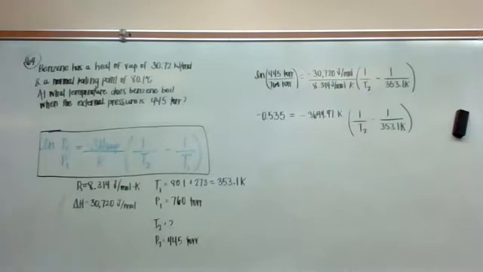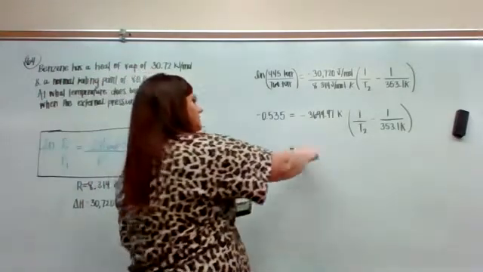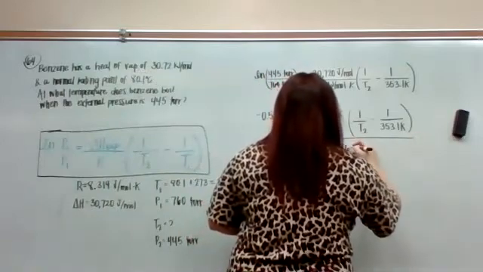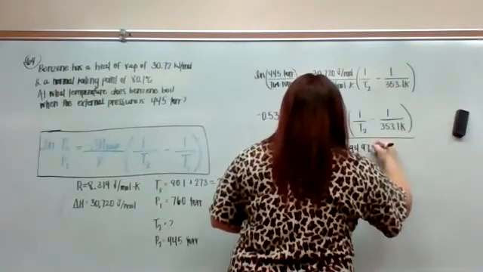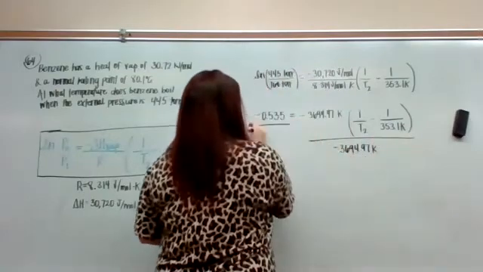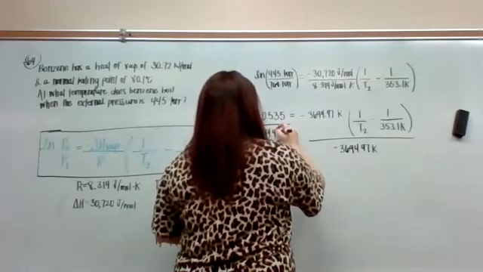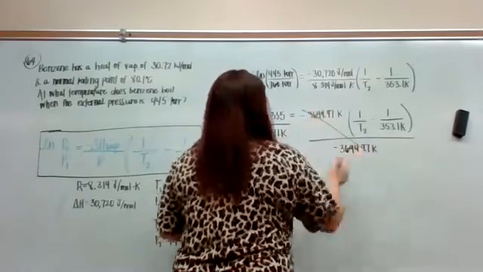Right, there are several ways we could go from here. I think the easiest is going to be to divide both sides by negative 3.69497 Kelvin. That cancels.